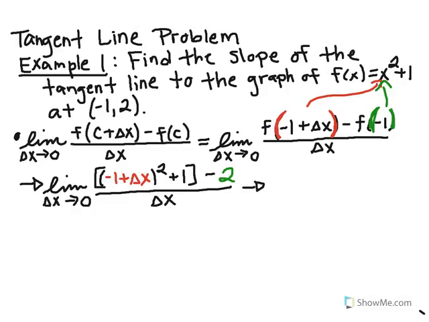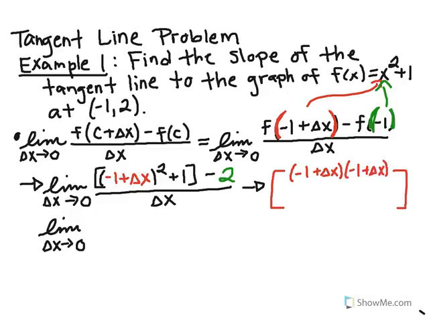I'm going to rewrite my limit below, because this is going to be a little bit big, and I want to have room to write it. All right, so the red number is negative 1 plus delta x. I'm squaring that, and I'm going to do this business out here to the side. So this literally means I have negative 1 plus delta x times negative 1 plus delta x. That's all that means. So we're going to do our foiling process. Negative 1 times negative 1 is positive 1.